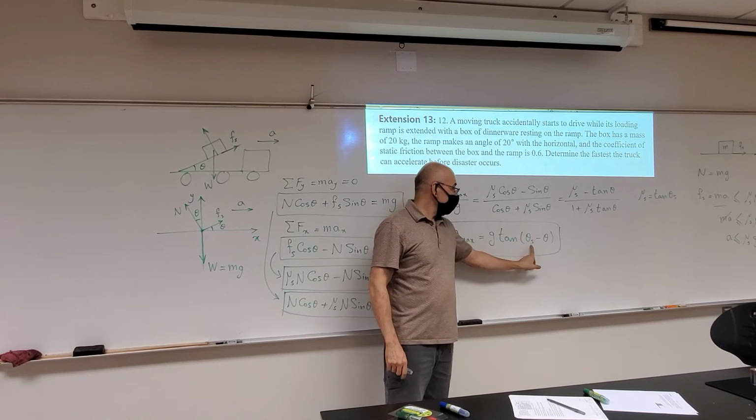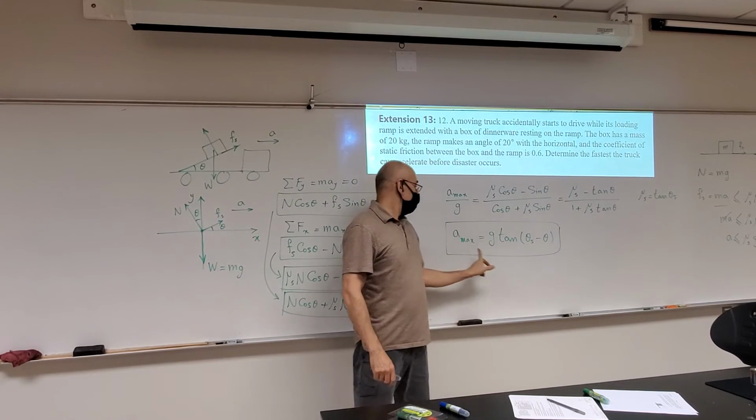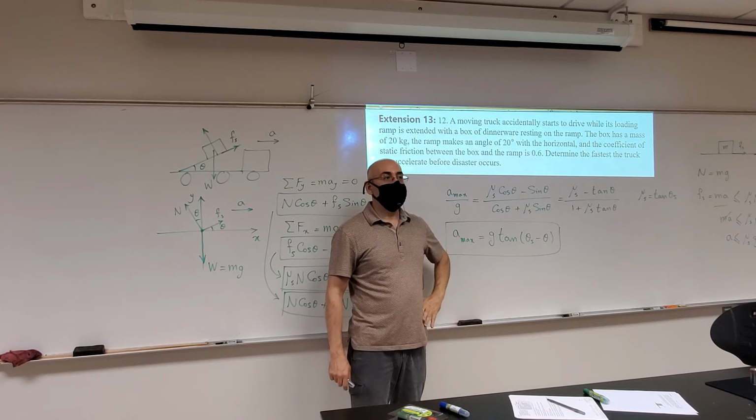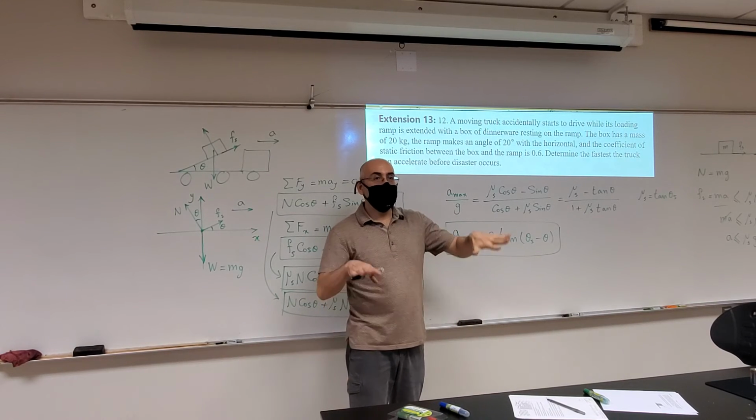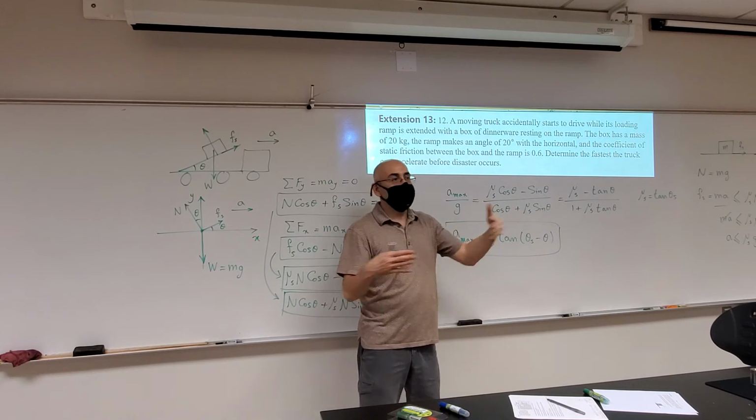It means that if theta s is already equal to theta, a max is 0, right? It is already on the verge of slipping, so if you have a little bit of acceleration, it will slip.